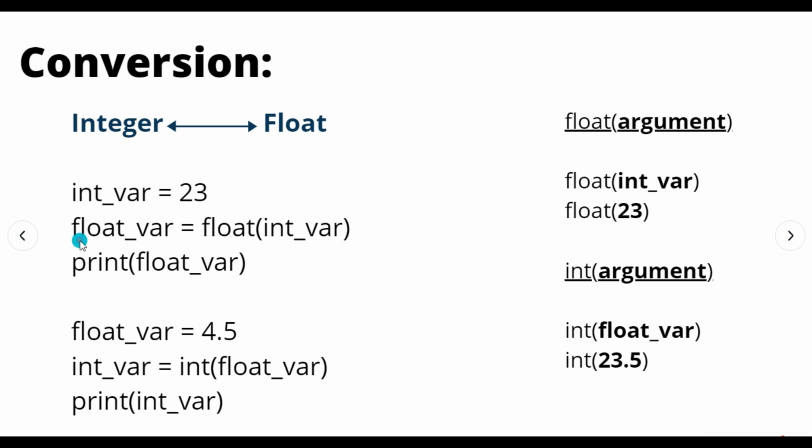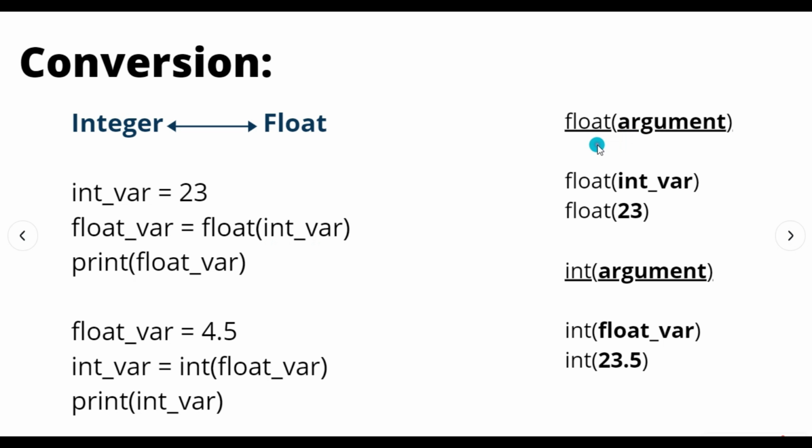Now I have created one float variable, and in the float variable we are assigning a value. Here we have used a float function. Okay, and as an argument we are passing an integer variable name, that is int_var.